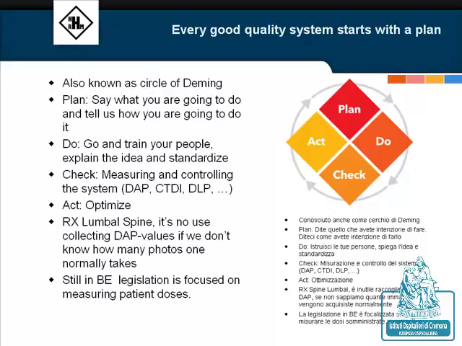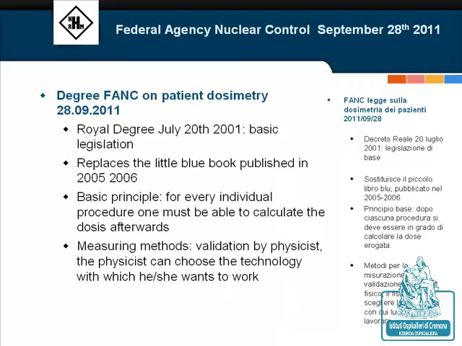But in our country, the Belgian legislation is still focused on measuring patient dose and measuring it in a manual way. So writing down, like in the Middle Ages. I know there's a beautiful center here in Cremona from the Middle Ages, but on patient dosimetry we should be a little bit further, I guess.